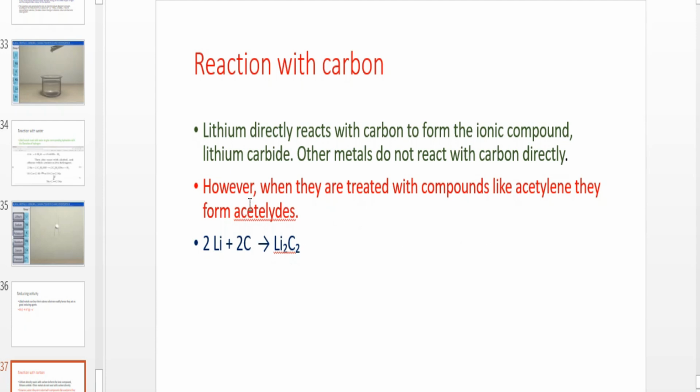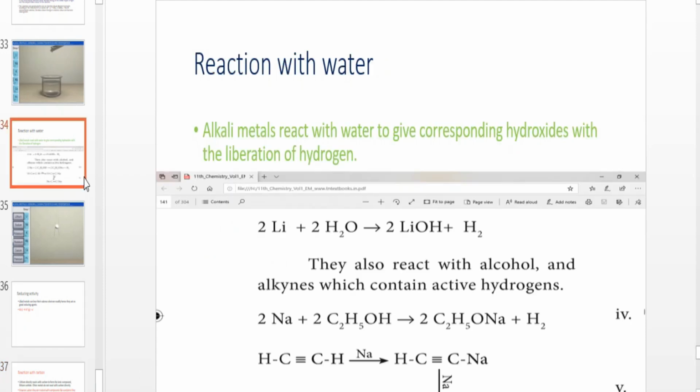Okay, here with the acetylene, okay, the compounds of carbon. Acetylene to give acetylides. Sodium acetylide. You could see the acetylene, okay, CH triple bond CH. With acetylene, sodium reacts to give sodium acetylide.